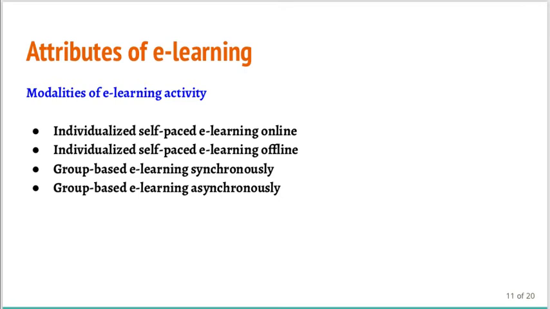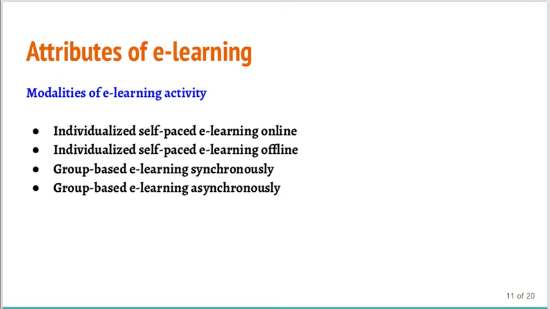Let me take these one by one. Individualized self-paced e-learning online refers to situations where an individual learner is accessing learning resources such as a database or course content online via the internet or intranet. A typical example of this is a learner studying alone or conducting some research on the internet or a local network.